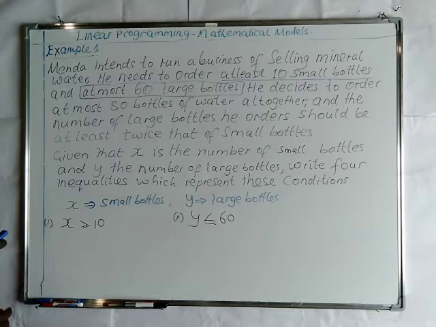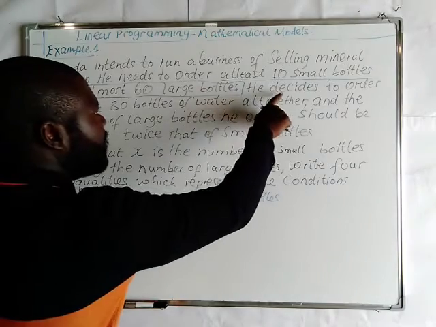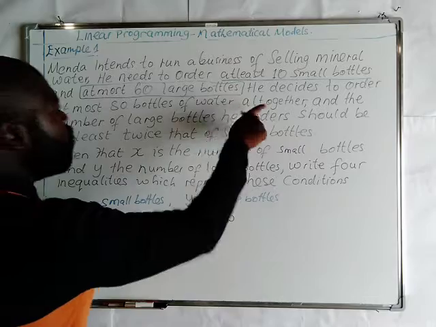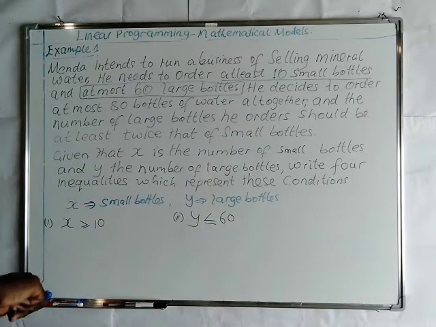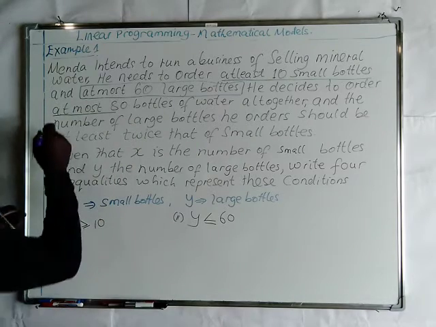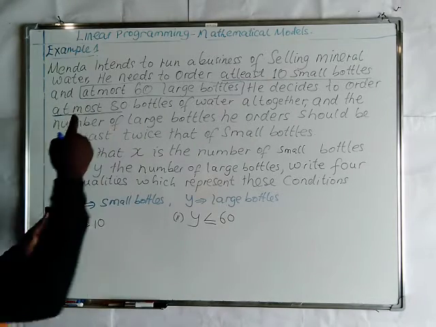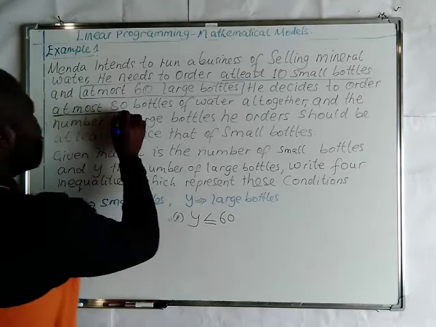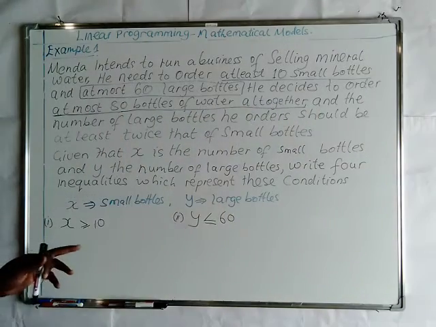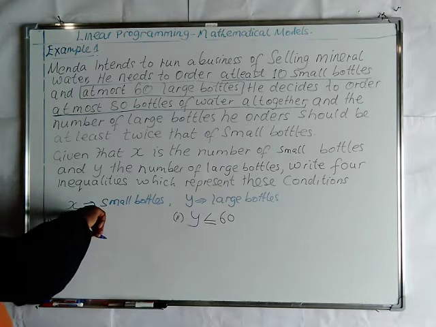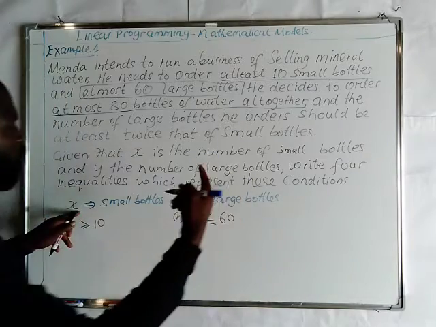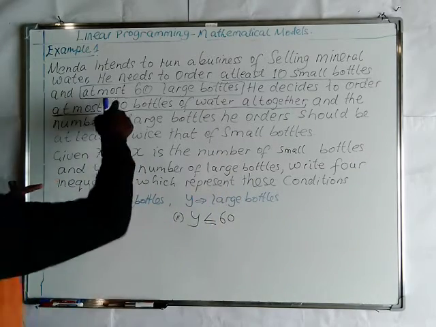Okay, the next inequality: he decides to order at most 80 bottles of water altogether. Again, we shall generate an inequality from here. At most, again we have less than or equal to 80 bottles of water altogether. Altogether means that when you sum the small bottles and the large bottles that he intends to order, we should not go beyond 80.